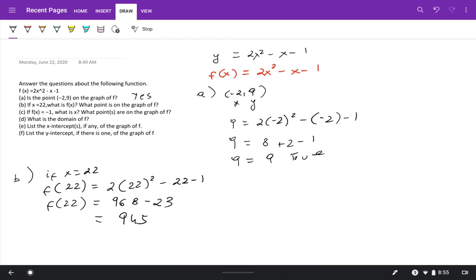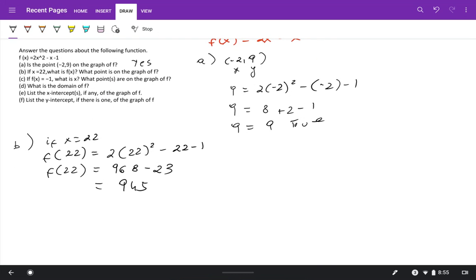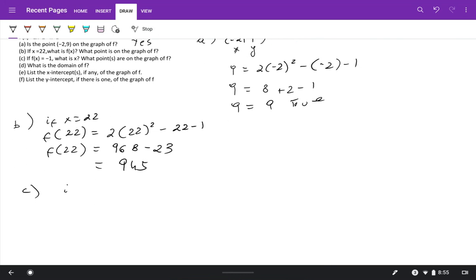Okay, so going back to part C of this problem, we have if f of x equals negative 1, you need to figure out what is x. So f of x, don't forget that means the y coordinate of that point is equal to negative 1.